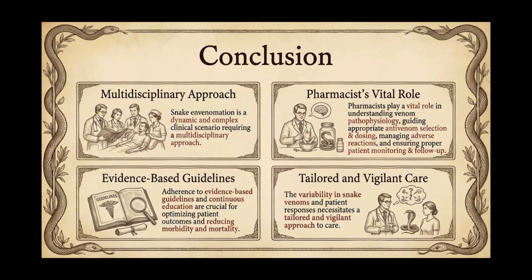It is not indicated solely for local swelling or pain. Availability is limited, and it is usually accessed through poison control centers. Due to its nature, it carries a substantial risk of allergic reactions, both immediate and delayed. If the antivenom is unavailable, supportive treatments such as mechanical ventilation are employed.